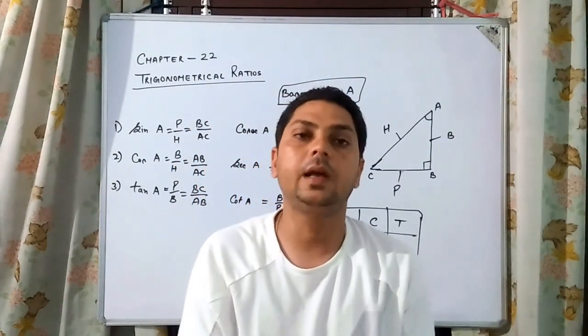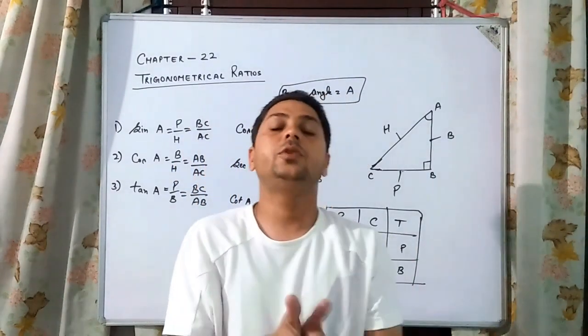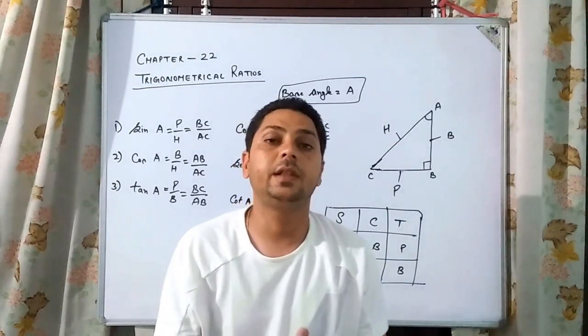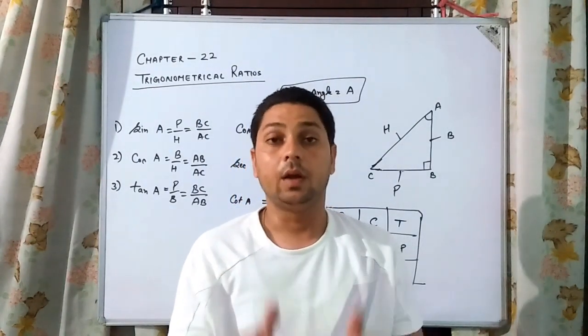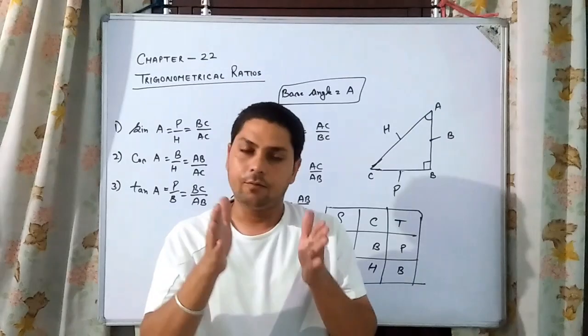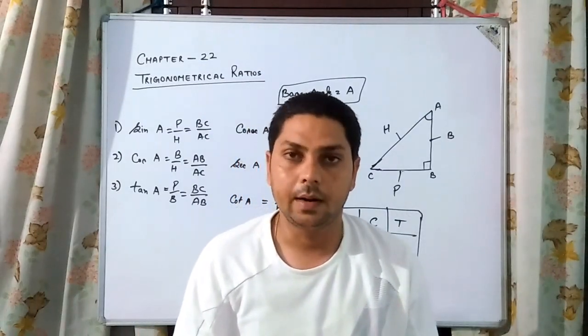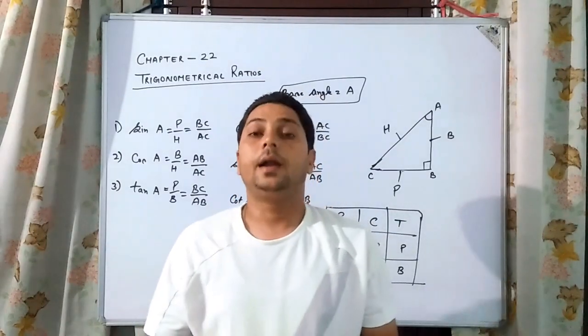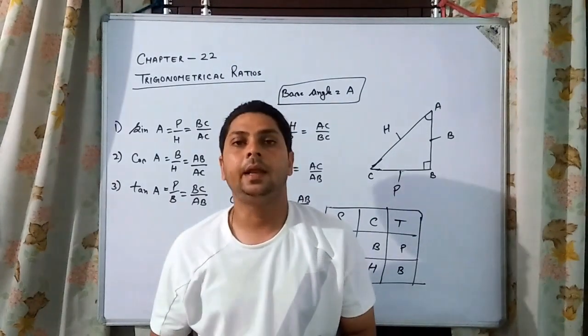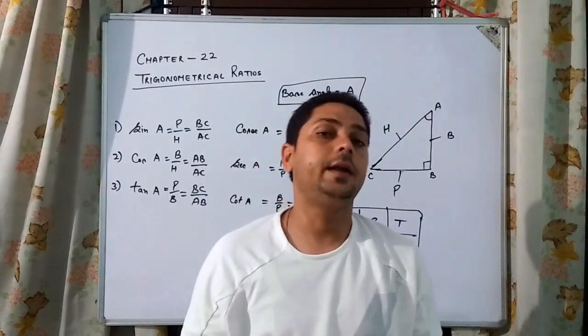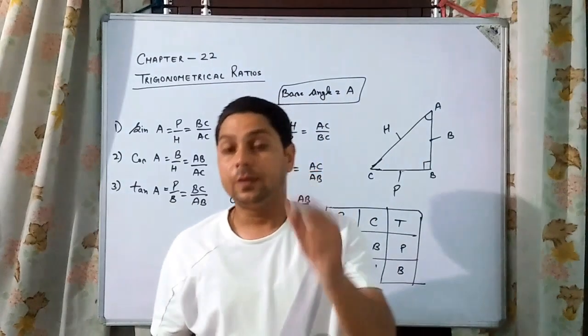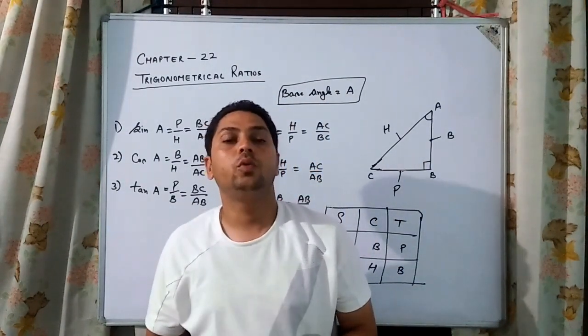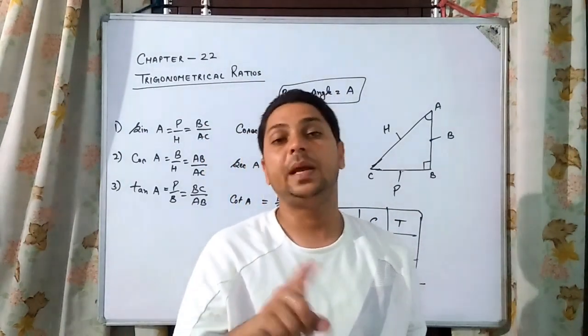We'll solve the practical question in the next video. First you understand the basics related to your trigonometrical ratios. First we will draw a right angle triangle, then identify the 90-degree angle. Next you have to identify the base angle.